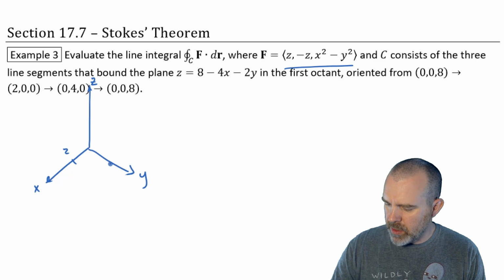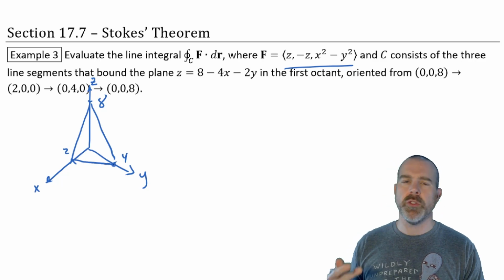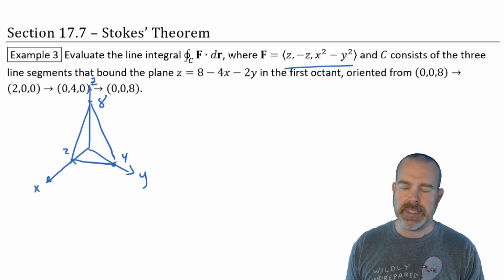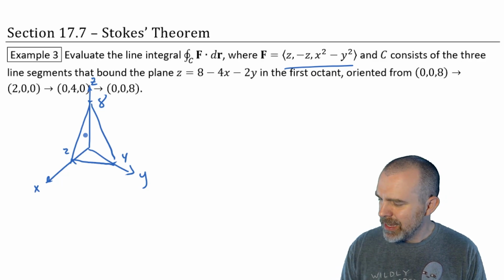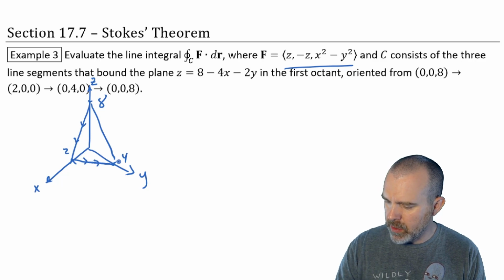So 2 on the x, 4 on the y, 8 on the z. You can check that if you substitute 0 for x and y, it intersects the z-axis at 8. So we are going from (0,0,8) to (2,0,0), then to (0,4,0), then back to (0,0,8).